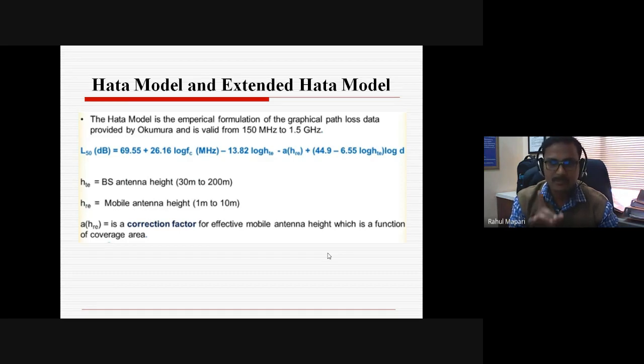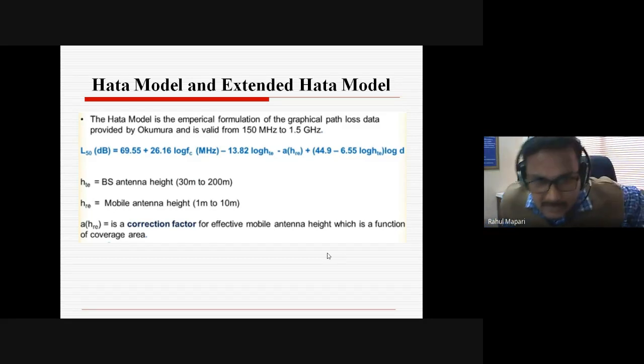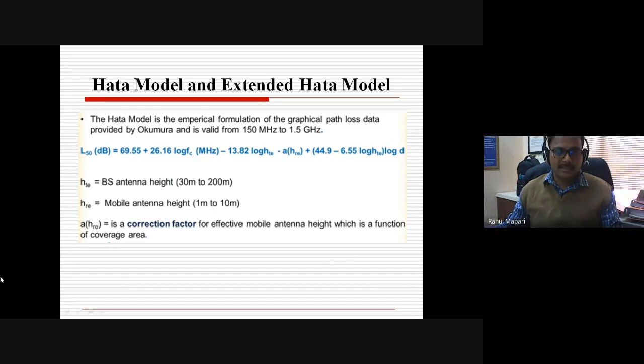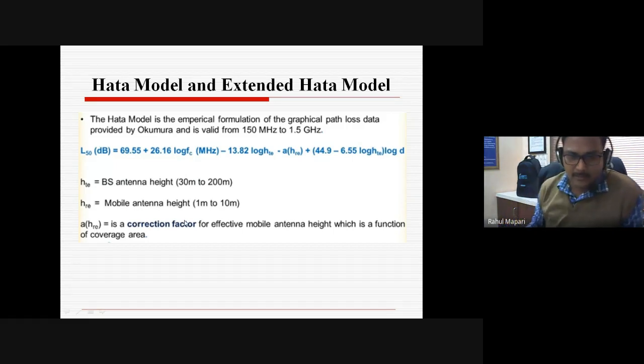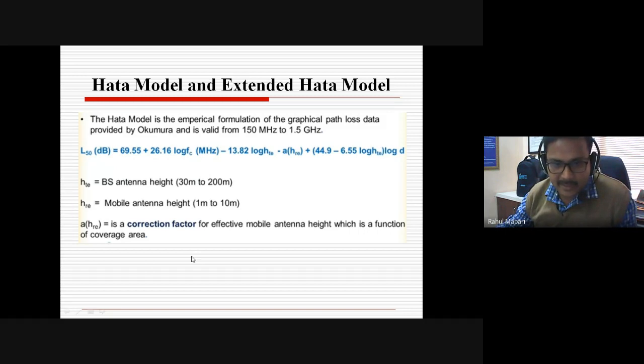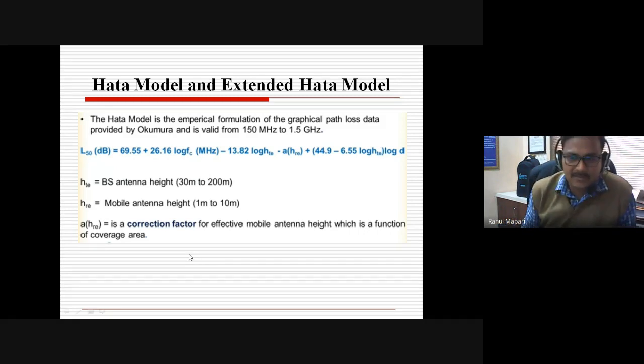Okay, so you write the equation, then write the terms. HTE is the base station antenna height, HRE is the receiver antenna height, and AHRE is the correction factor. And what is that correction factor? Again, it depends upon some parameters that we will see in the next slide.